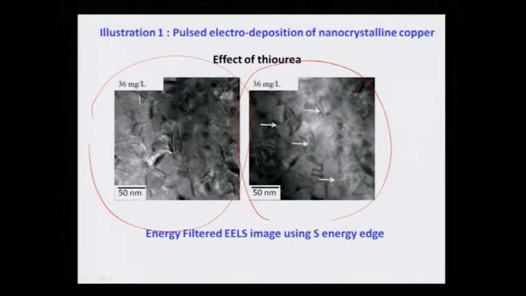There you can see bright lines at the grain boundaries in many places. This bright line signifies the presence of sulfur, and as I told you in the very first lecture, thiourea is a molecule which contains sulfur other than nitrogen, hydrogen and carbon, and sulfur is the distinct part of the molecule.